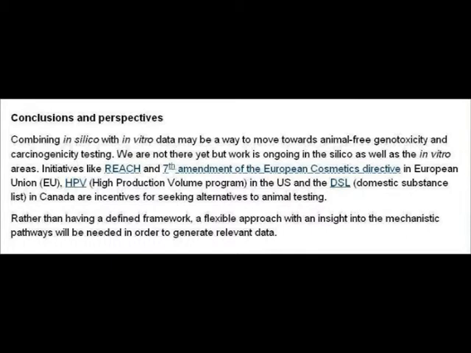Initiatives like REACH and the 7th Amendment to the European Cosmetics Directive in the European Union, HPV High Production Volume Programme in the US and the DSL Domestic Substance List in Canada are incentives for seeking alternatives to animal testing. And the very last sentence reads, rather than having a defined framework, a flexible approach with an insight into the mechanistic pathways will be needed in order to generate relevant data.